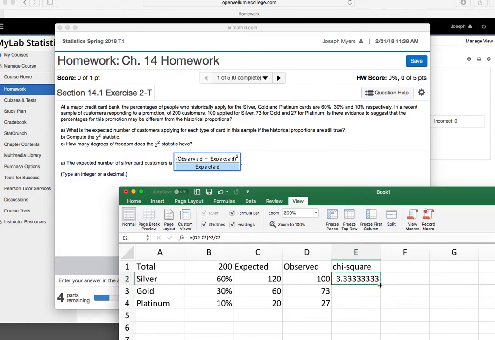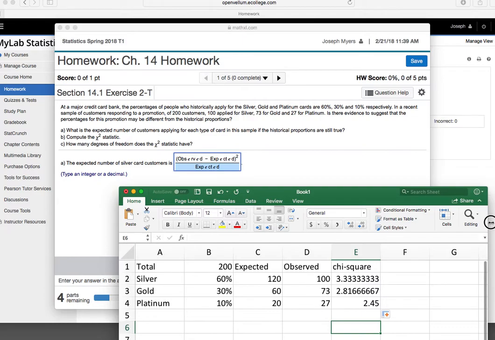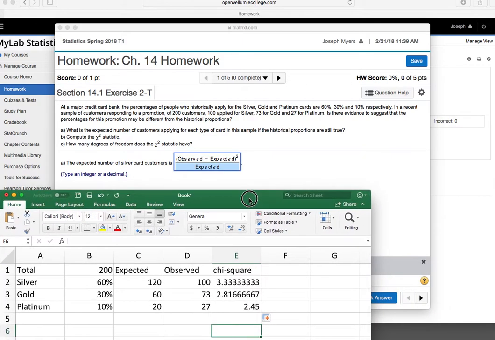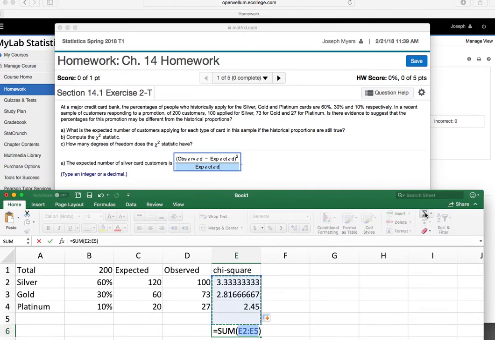And then we drag that formula down to calculate the chi-square value for all the numbers, and then we total it up. So total it up by just clicking on auto sum and then enter. So the total is 8.6.